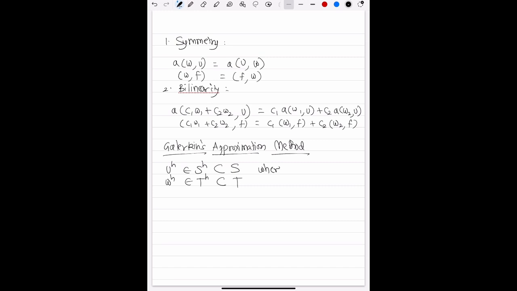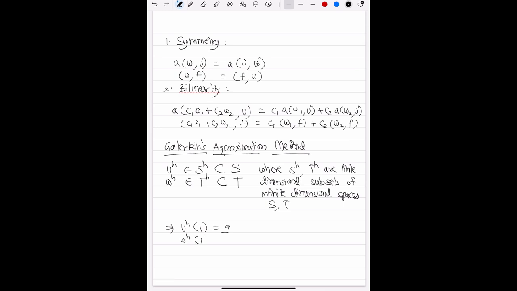As I just mentioned, I'll highlight that Sh and Th are finite dimensional subsets of the infinite dimensional spaces S, T. Now clearly, based on the definition of both S and T, we can say immediately that uh at x equal to 1 has to be equal to g, that is the Dirichlet boundary condition, whereas wh at x equal to 1 has to be equal to 0.